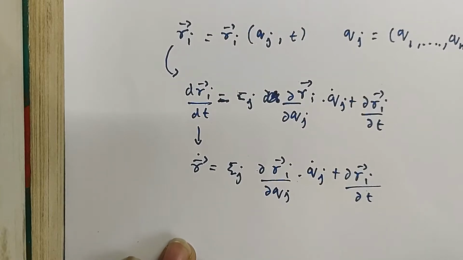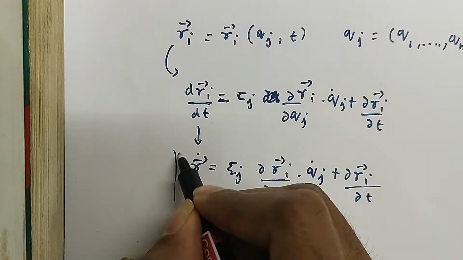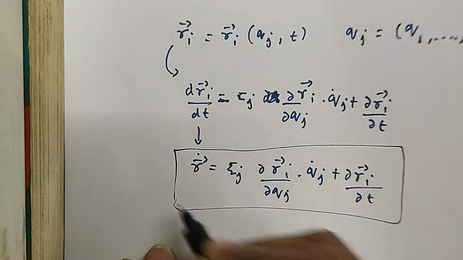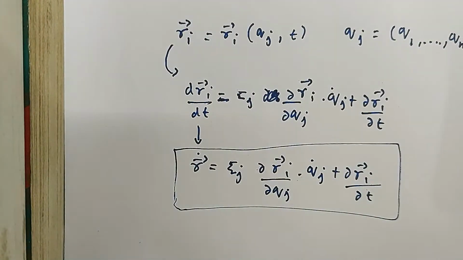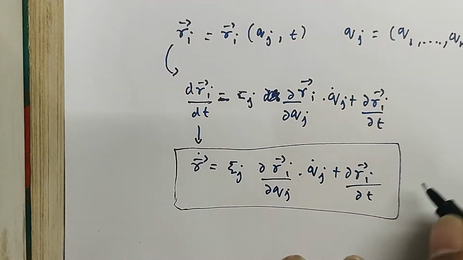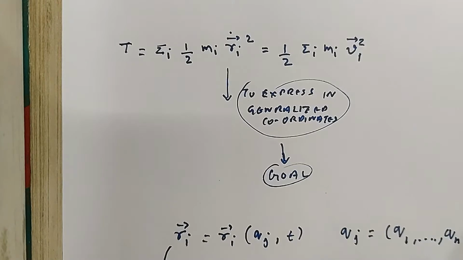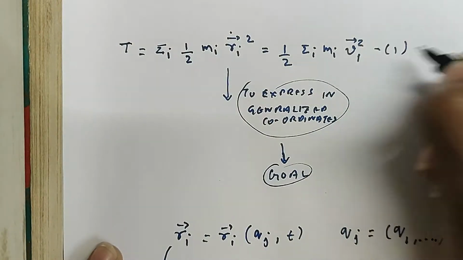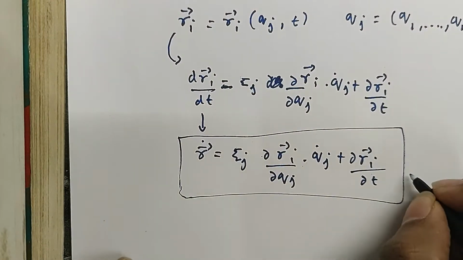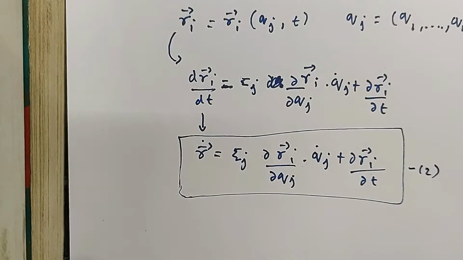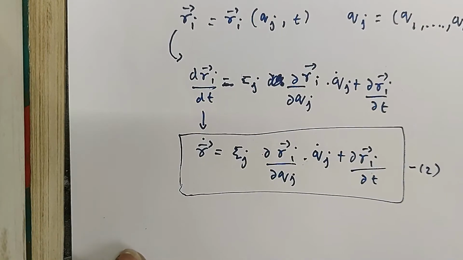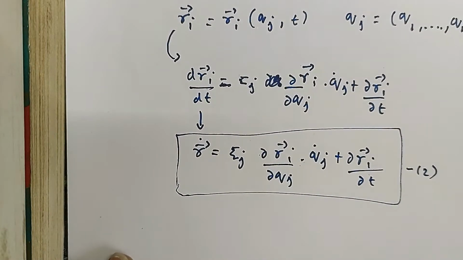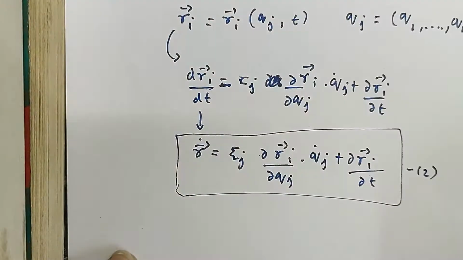Okay, so let me mark this equation. It's kind of an important equation for us. Let's call this equation 1 and this equation 2. In order to get the kinetic energy, we need to square the above equation.